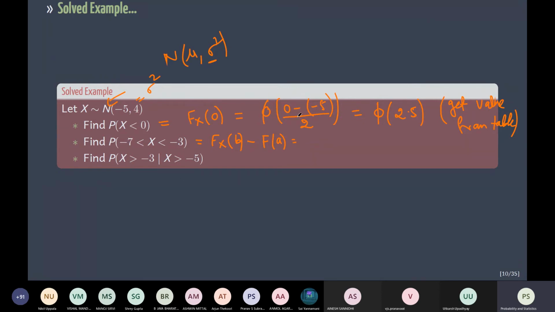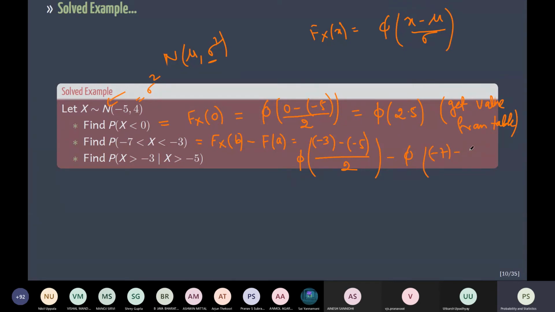F_X(x) was Phi of (x minus mu) over sigma, so F_X(b) will be Phi of (-3 minus (-5)) by 2, minus Phi of (-7 minus (-5)) by 2.